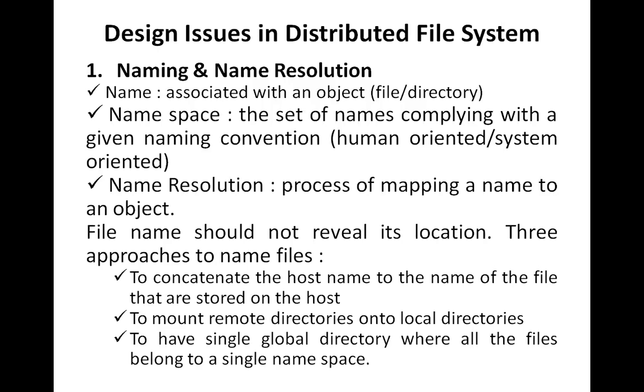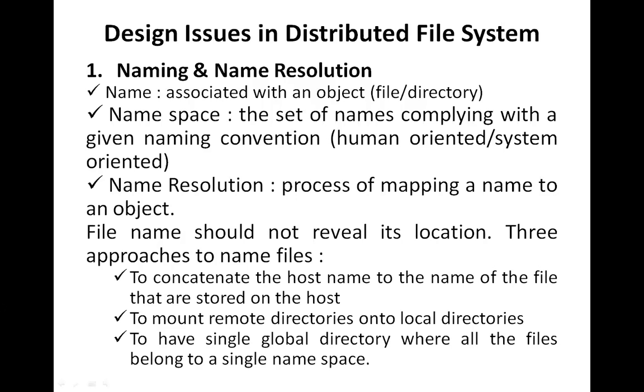So this naming scheme cannot be called location independent, because a location independent scheme is one in which the file name need not change when the file's physical storage location changes. But the advantage of this scheme is that name resolution is very simple, because a file can be located without any consultation with the rest of the hosts in the system.